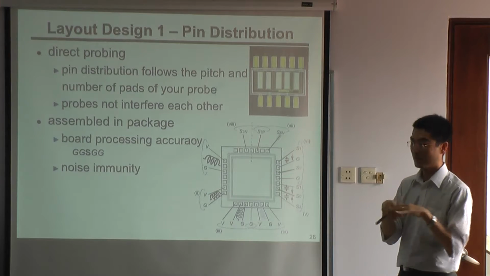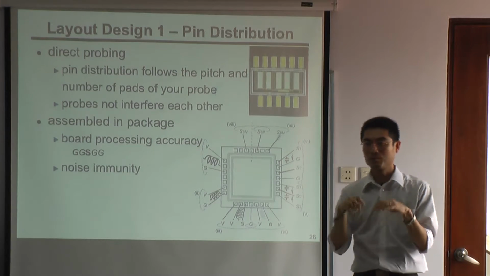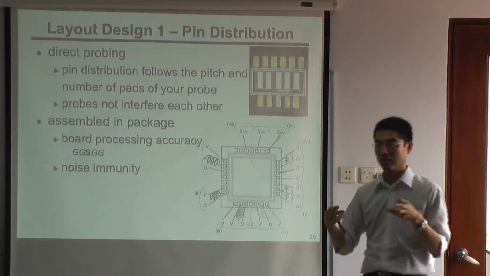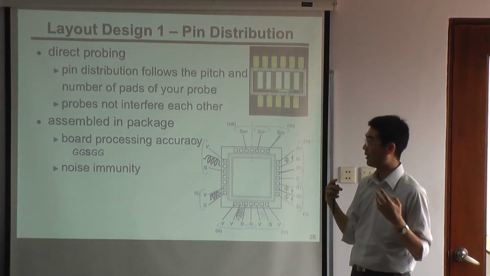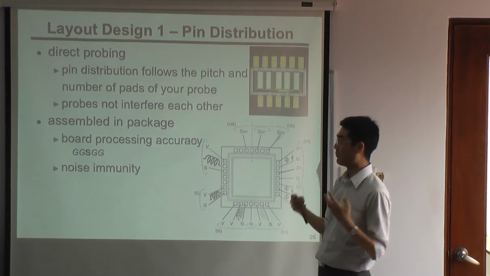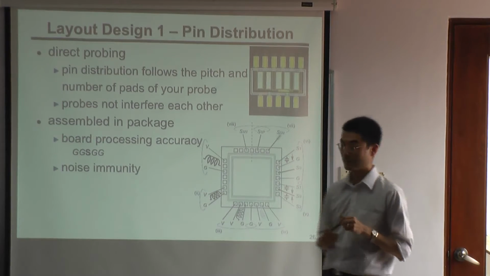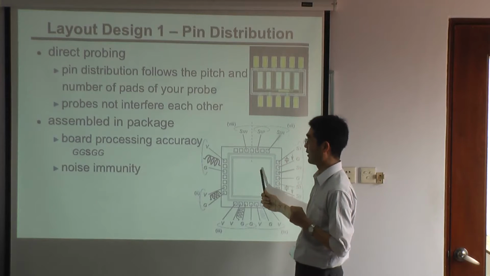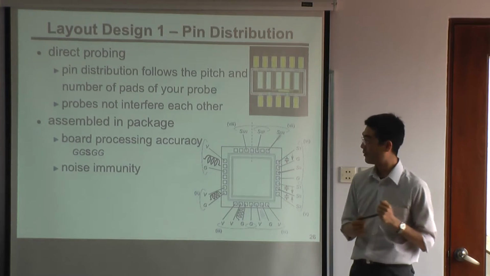So before deciding the pin distribution, take much care how we probe, and pay much attention to probe interference. And when we assemble in a package, you will have board processing.